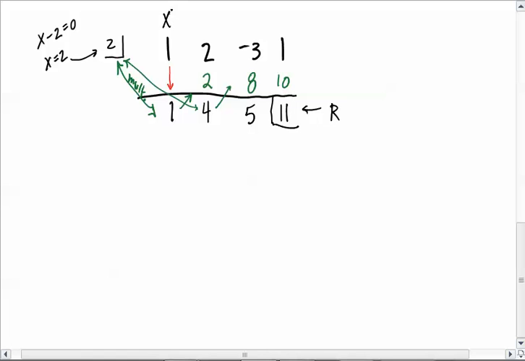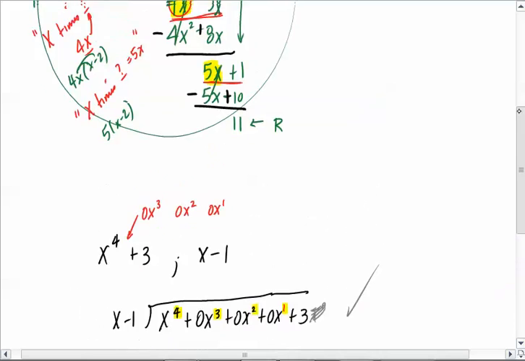Now, here's what we had to begin with. We had x to the third, and this was 2x squared, and this was minus 3x, and that was plus 1. That's where we got those coefficients, right? But you notice that the power of this one was cubed. Let's look at what the quotient ended up being.